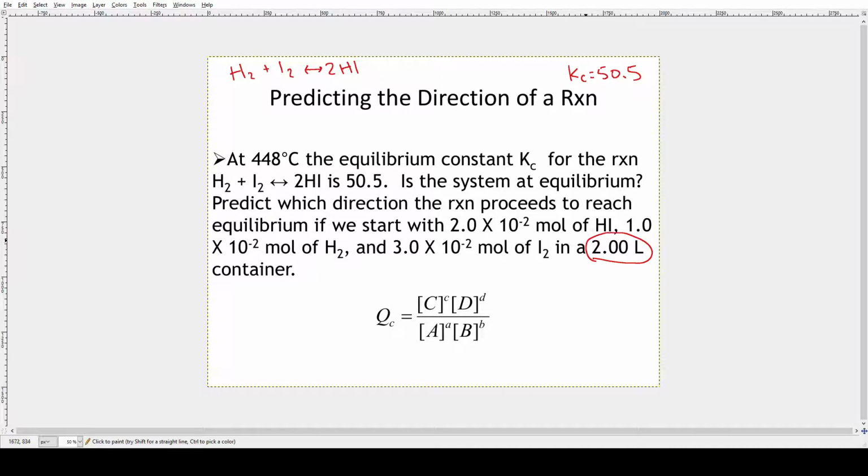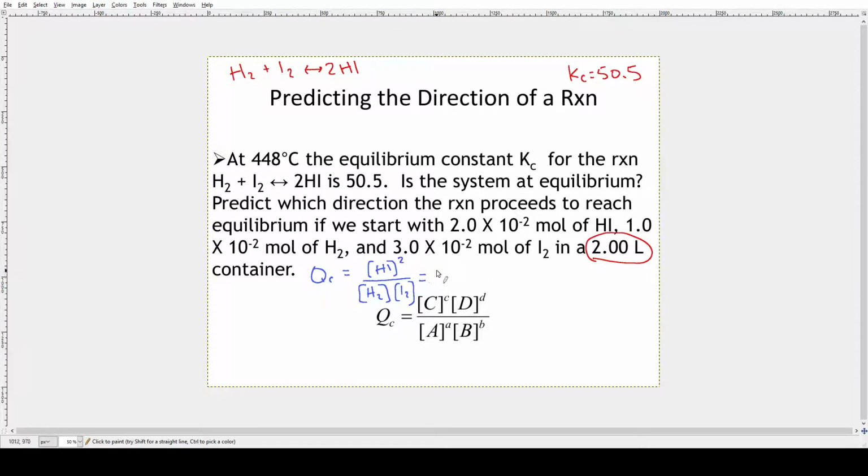Let's see, you know what? Let's do this. Let's try a different strategy. Let's write my formula, my basic generic formula. So I have my products over my reactants. And yes, I'm purposefully leaving out the exponents again, so you should figure out what those are. Hopefully you put that 2 up there.